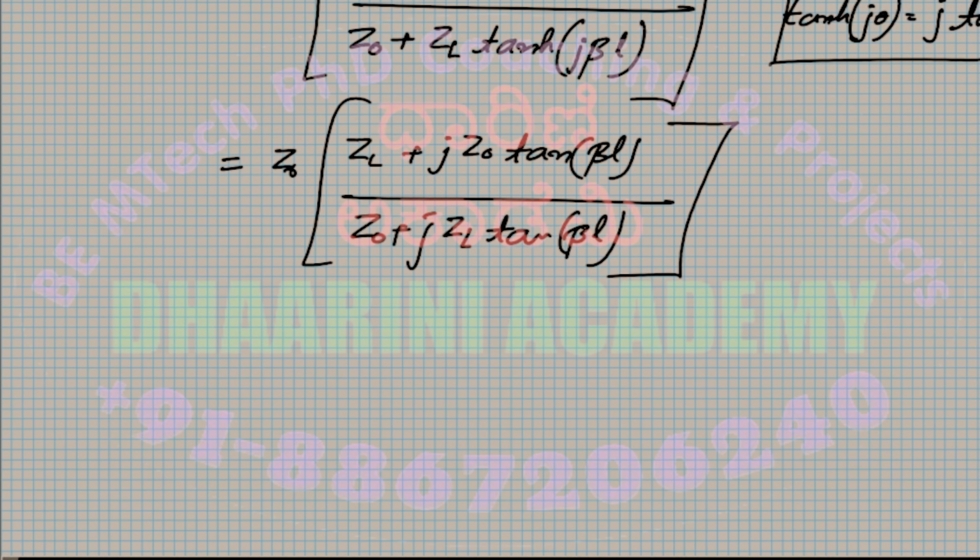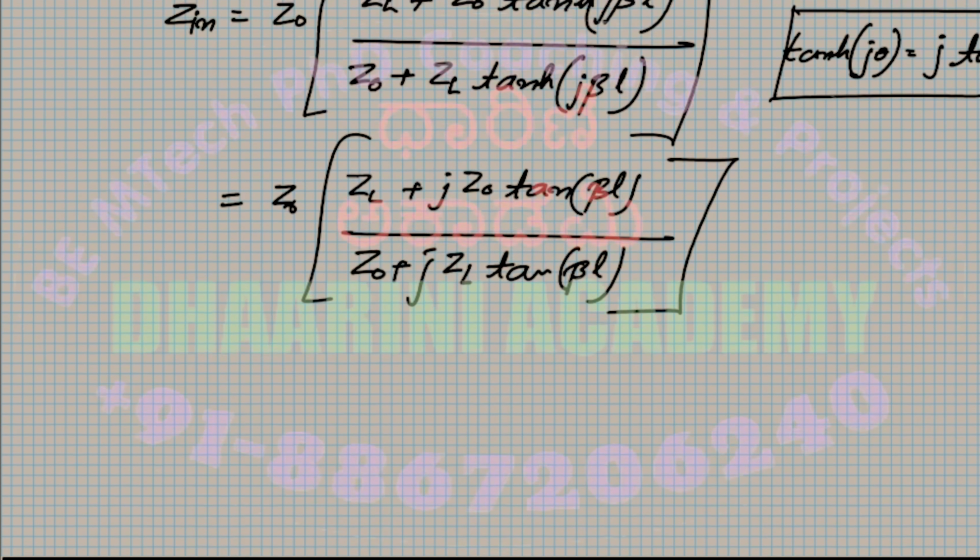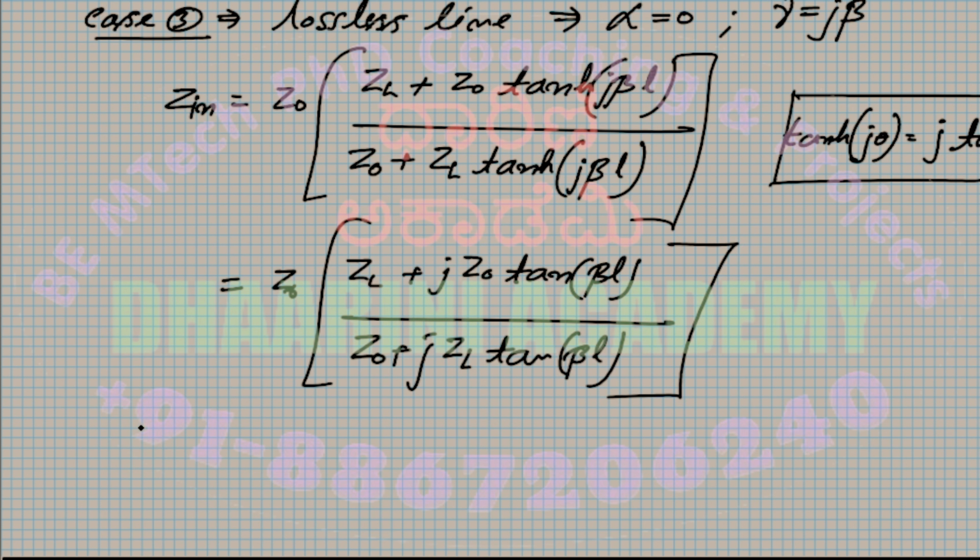Okay. Now under the lossless line, I can have a short circuit or open circuit. So I'll simply write: Z in of a short circuited line, you know the condition.